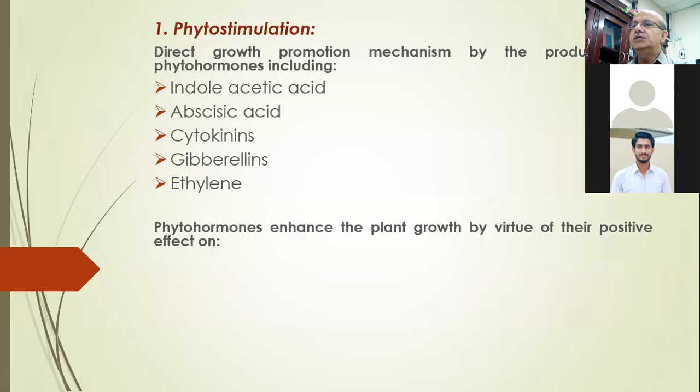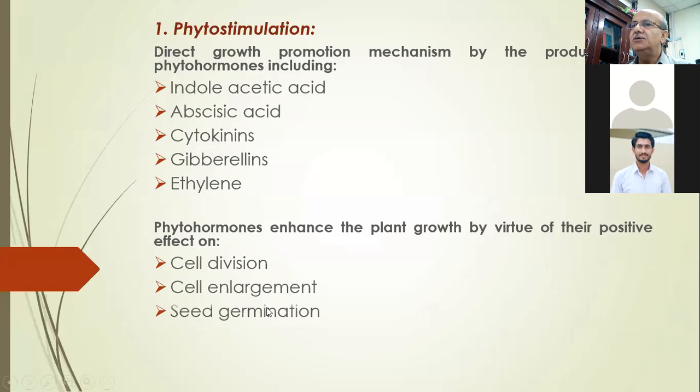If you remember, I told you last time the difference between the phytohormones and the fertilizers is that the phytohormones affect the physiological processes even at very low concentration. So the phytohormones enhance the growth by virtue of their effect on cell division, cell enlargement, seed germination, and root formation, as well as stem elongation.